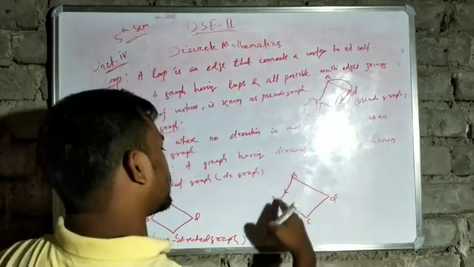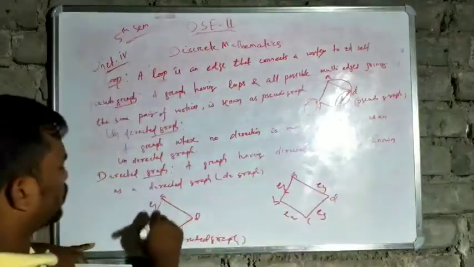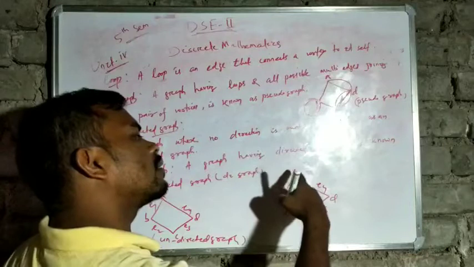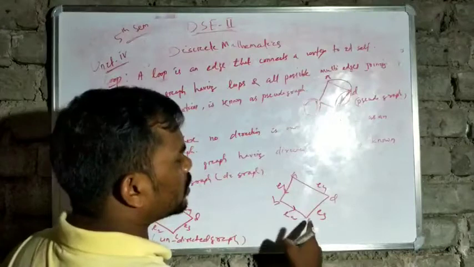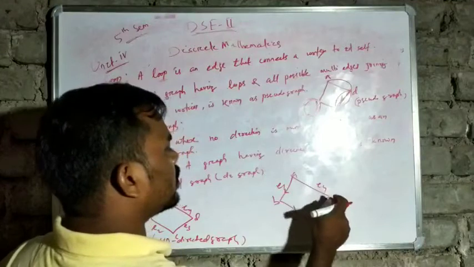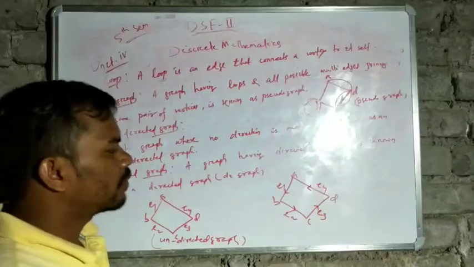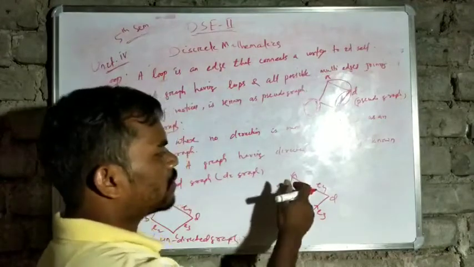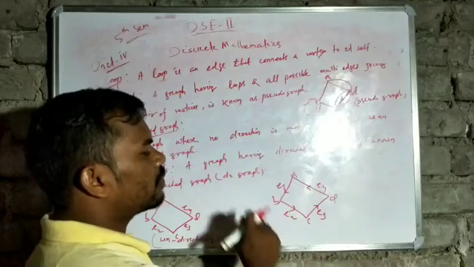Here E1 is directed from vertex A to vertex B, and E2 is directed from B to C, and E3 is directed from C to D, and E4 is directed from D to A. So suppose E1 is a directed edge, it is starting from A and ending at B.